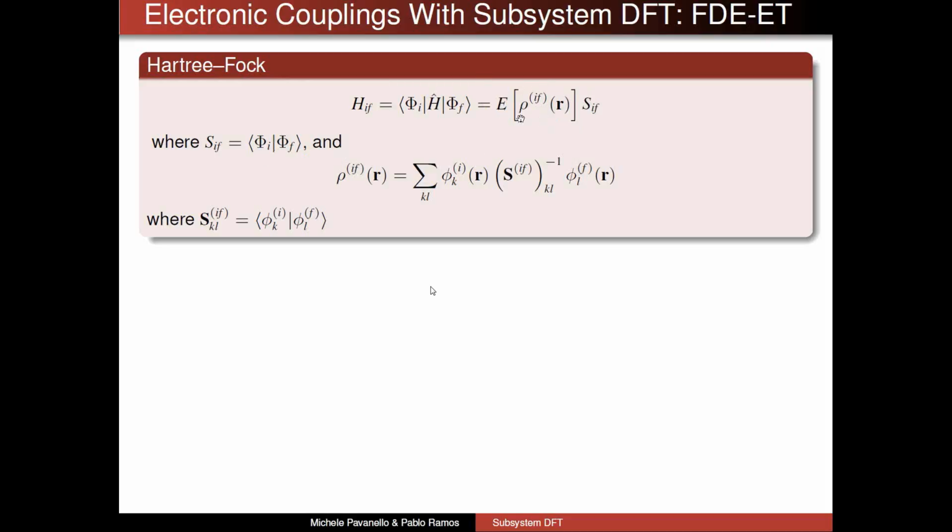So this is exact in Hartree-Fock and exact for the molecular Hamiltonian. However, here we're using DFT, and so we will have to make some approximations to make this work for DFT.